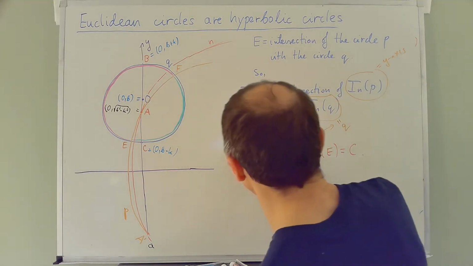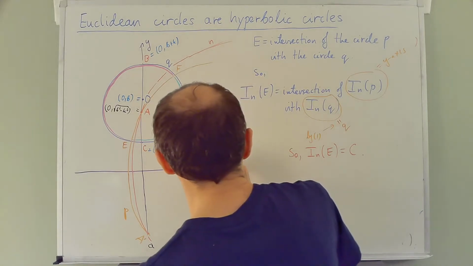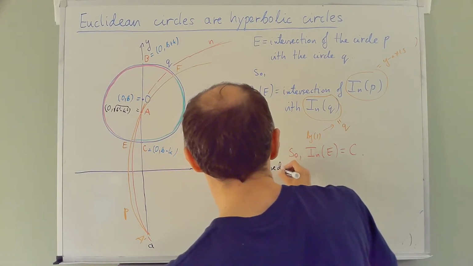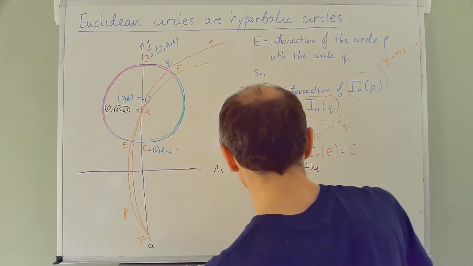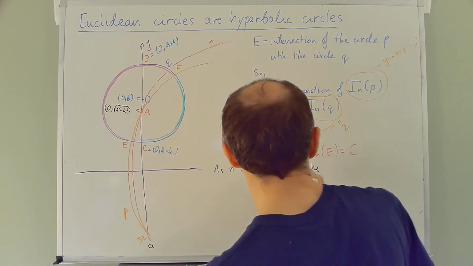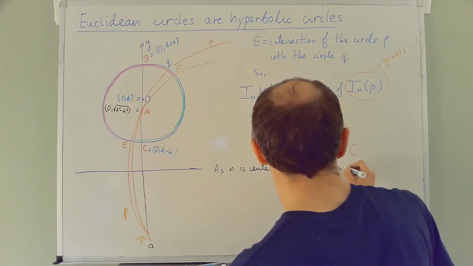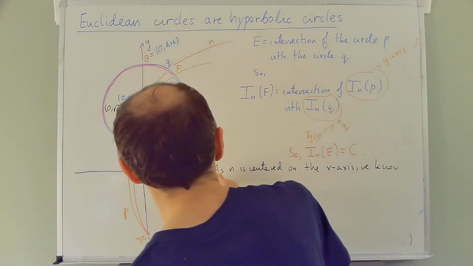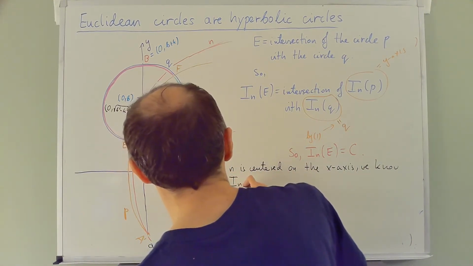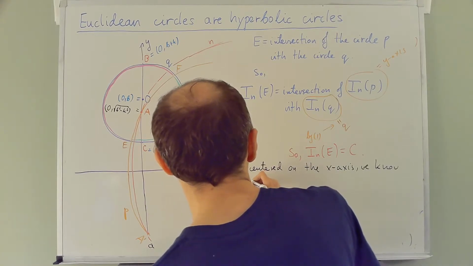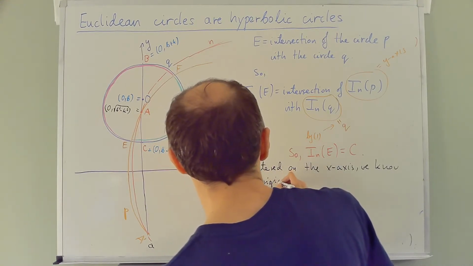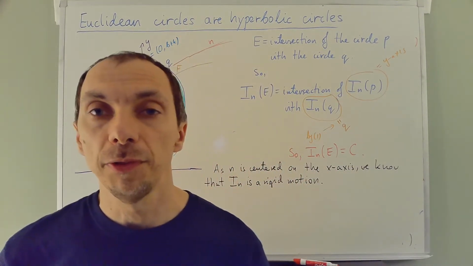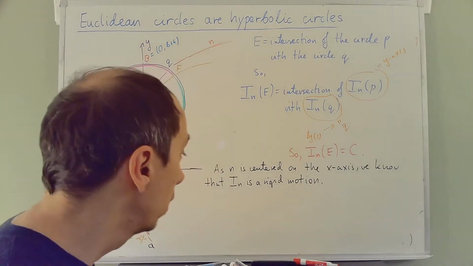I don't need this part of the picture anymore, as N is centered on the x-axis, we know that inversion with respect to N is a rigid motion. That much we know from the video about rigid motions on the hyperbolic plane.